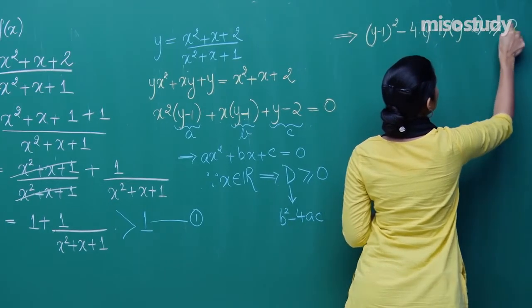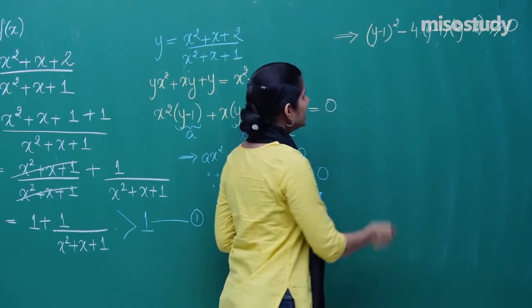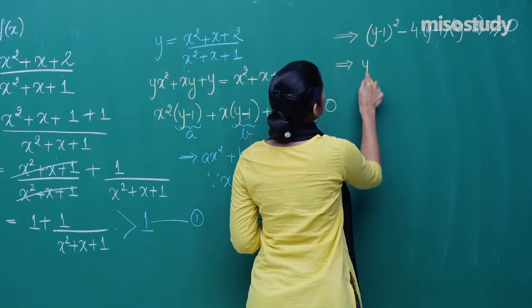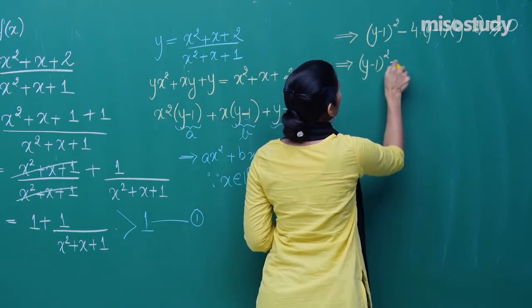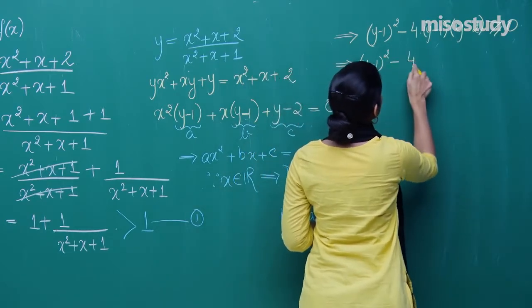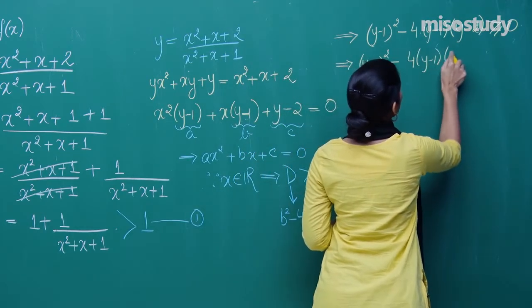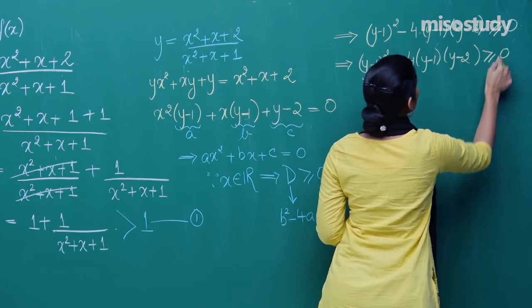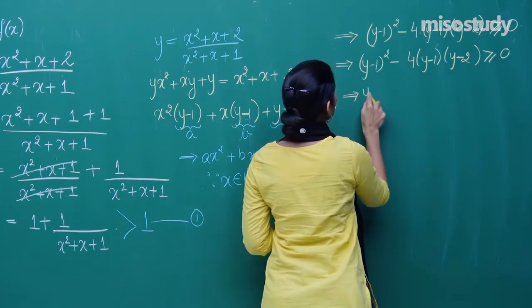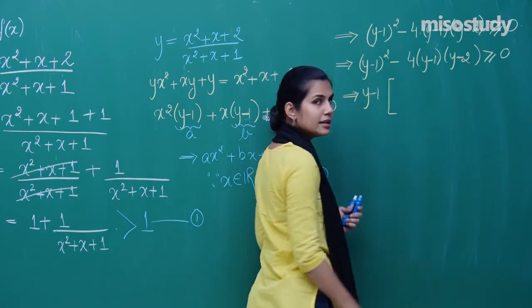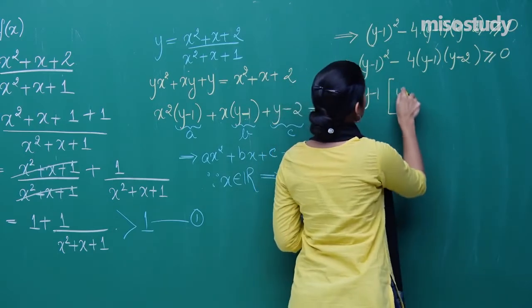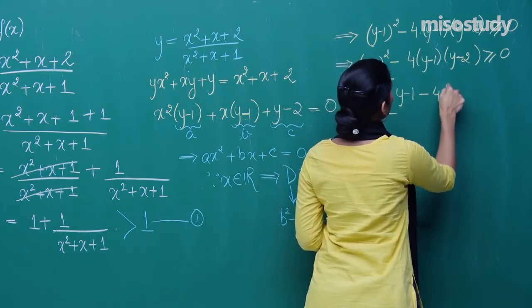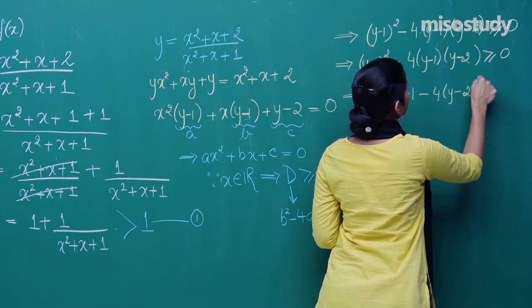This is non-negative. Let's solve it out. You get (y minus 1) whole square minus 4 (y minus 1)(y minus 2) is greater than or equal to 0, which I can write by taking y minus 1 common, and get inside the bracket y minus 1 minus 4 times (y minus 2).